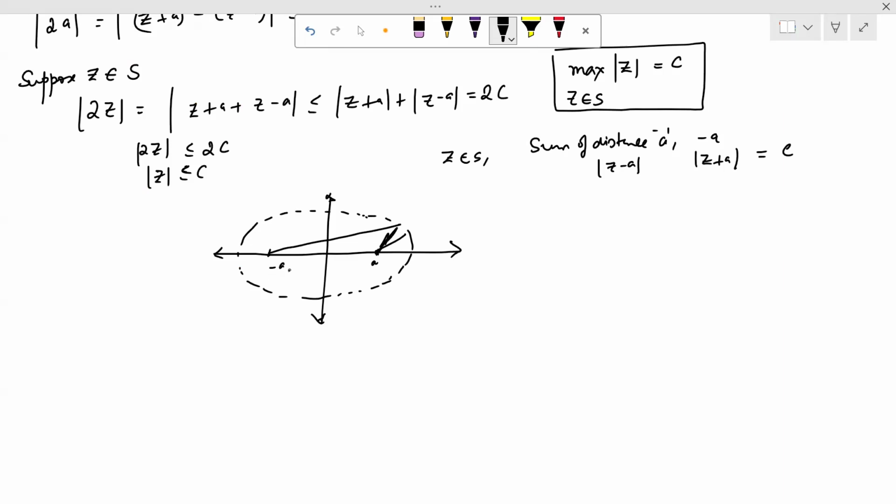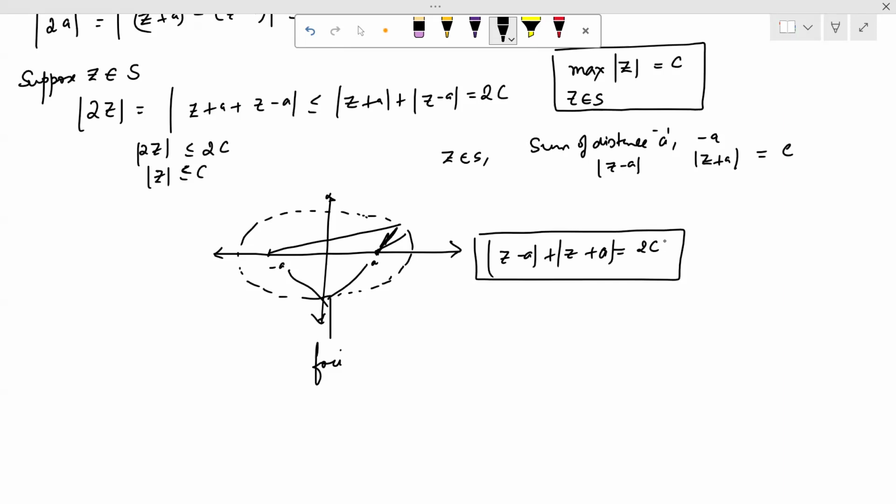These are called the foci. The sum of the distances of all the points from the foci is always constant, equal to 2 times the length of the semi-major axis, if I'm not wrong. But overall, remember that this is how we define the locus of an ellipse.